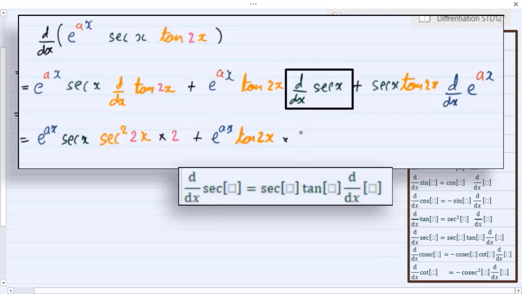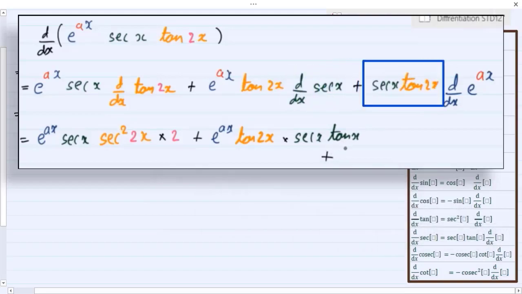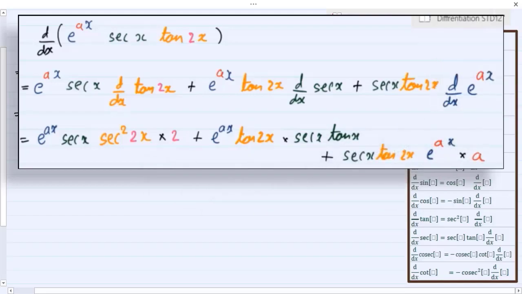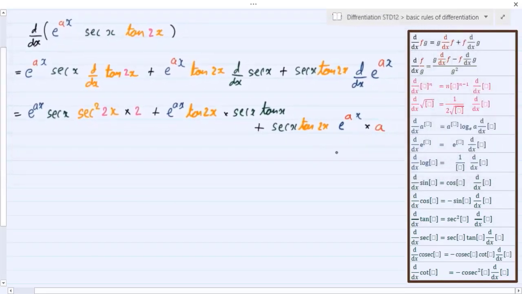Differentiation of sec x will be sec x tan x, and plus finally in the last term sec x and tan 2x will be as they are. We just have to differentiate e^(ax), which is e^(ax) times the coefficient of x, which is a. So ta-da! You can consider this as your final answer.